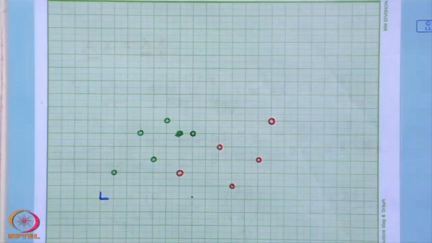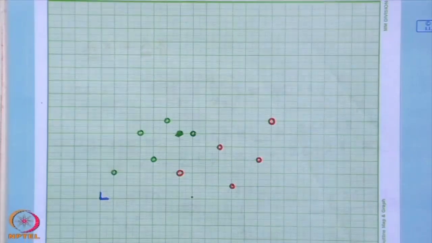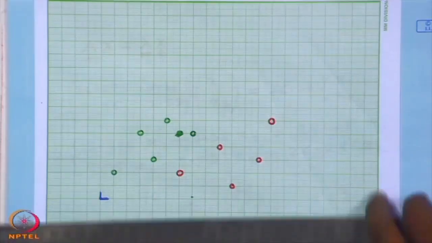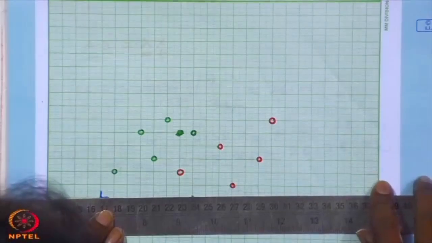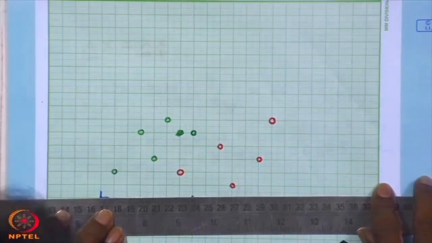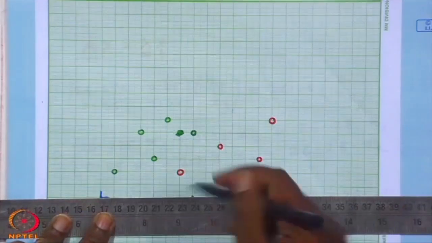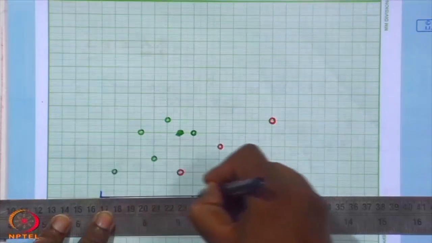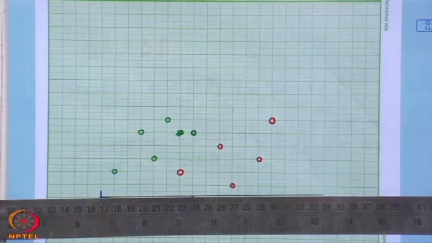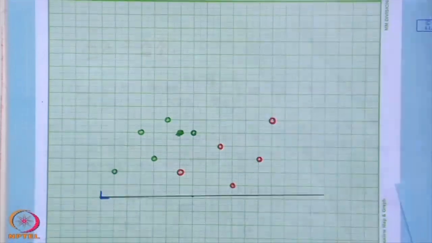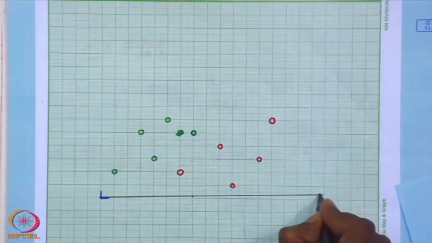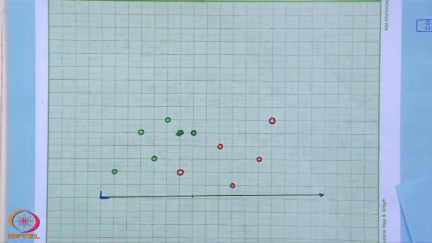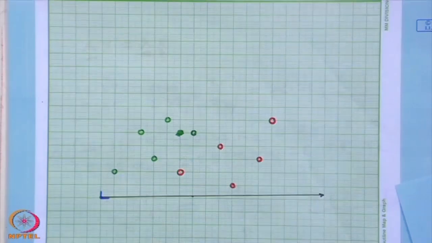It will pass through a point somewhere over here. So, I will take a scale to get the direction of this eigenvector, which is this. So, this is my direction of the eigenvector corresponding to the maximum eigenvalue.